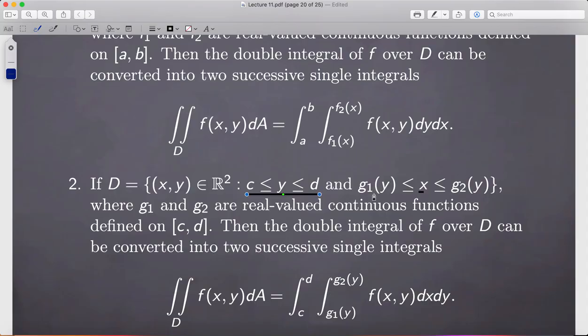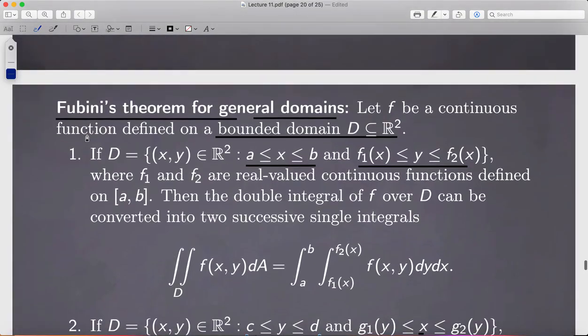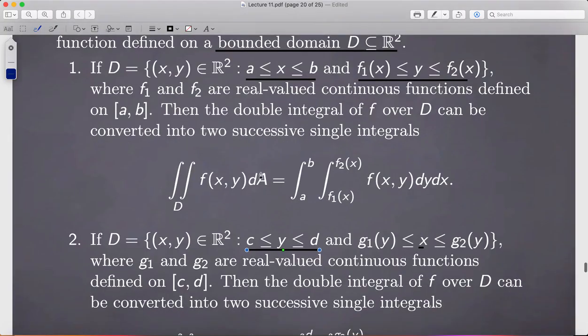So this you take a and this you take b, and this is going to give you the rectangle. So these are not only going to give you the domains which are decided by lines, but also by just graphs of continuous functions. This is a very general situation, and the Fubini theorem tells us that you can actually deal with this and compute the double integral. So the double integral is nothing but these iterated integrals.